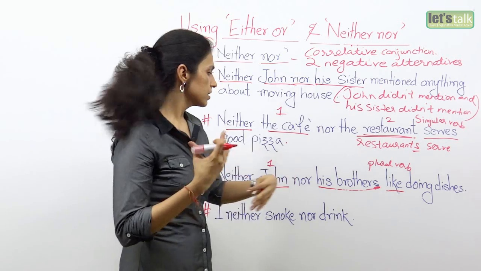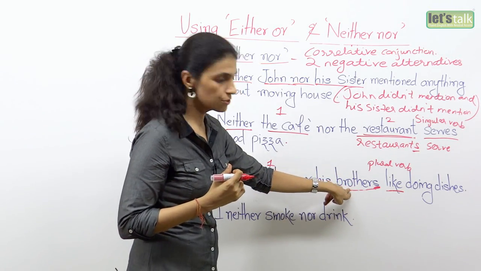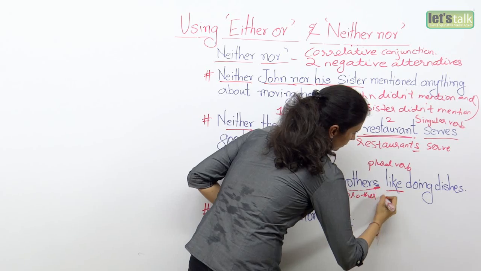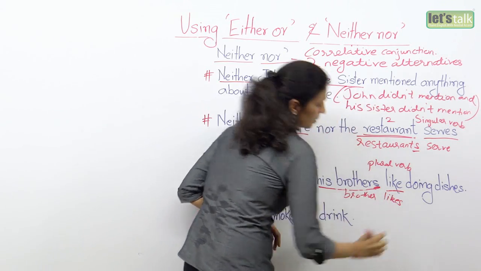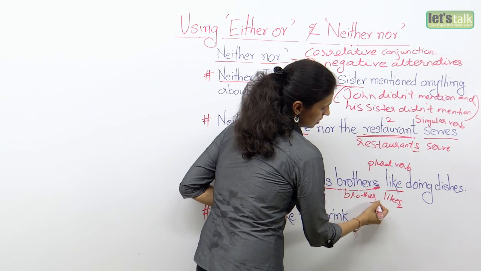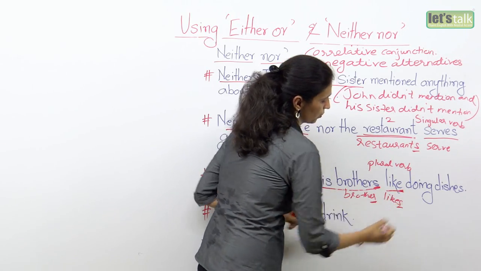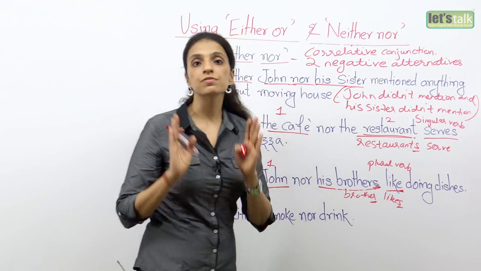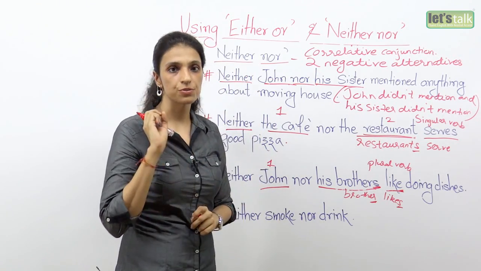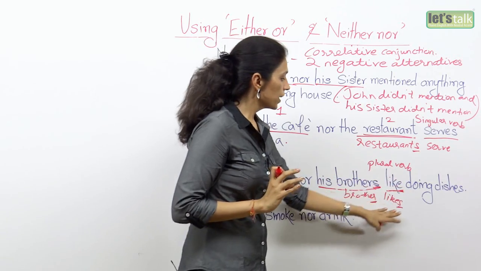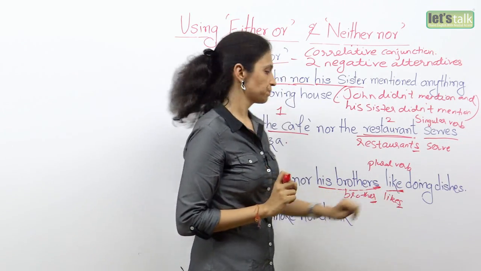But let's reverse it. Supposing this is singular, you will have "brother likes". So always ensure the verb agrees with the second alternative, or rather what comes second. Do not forget the verb rule. It is really important, and most people make errors when they have to select the verb.